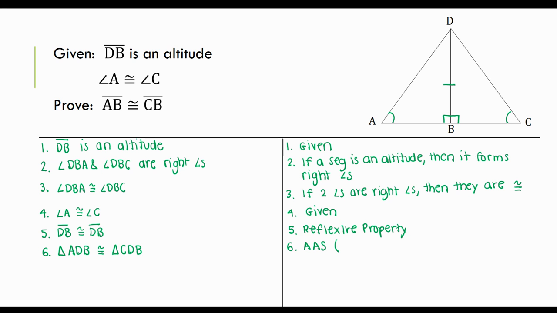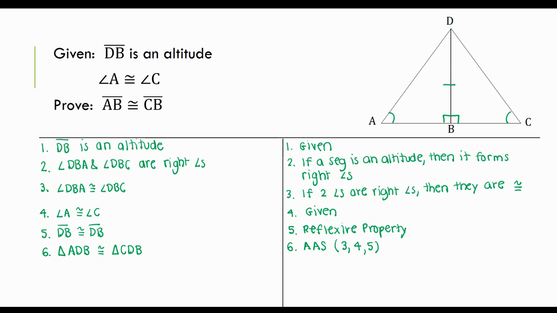So I want to look through my proof. I want the first spot where I have congruent angles in my triangle. Well, that looks like step number 3, when we had our congruent right angles. Then I want another angle to be congruent. Well, that came from step number 4, when we listed the given. And then our congruent segments came from step number 5.